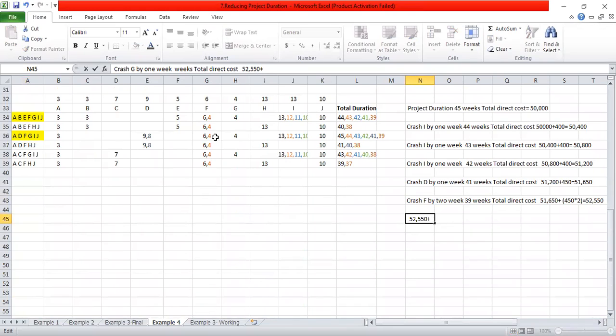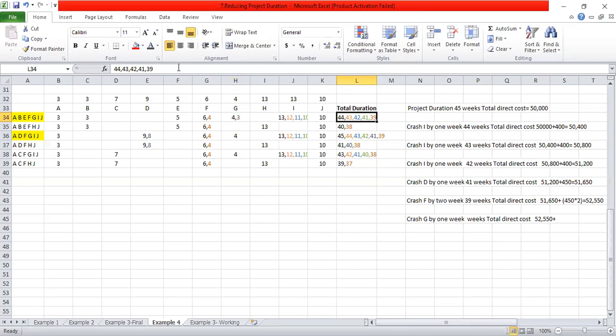So crash G by 1 week. The total duration is now 38.